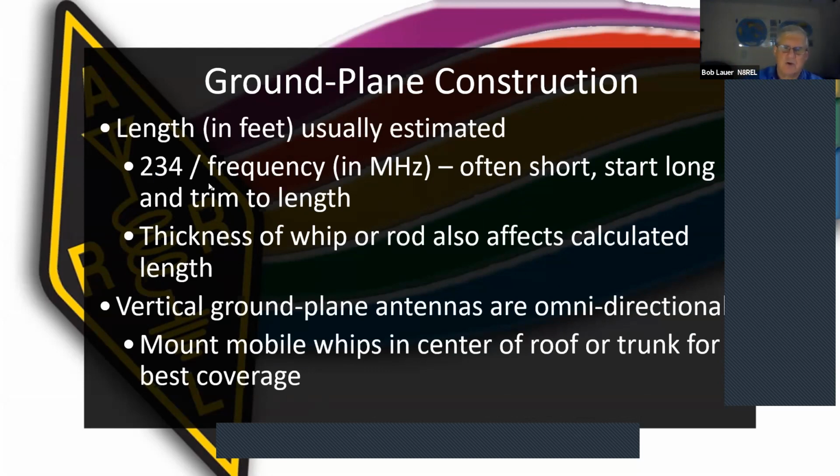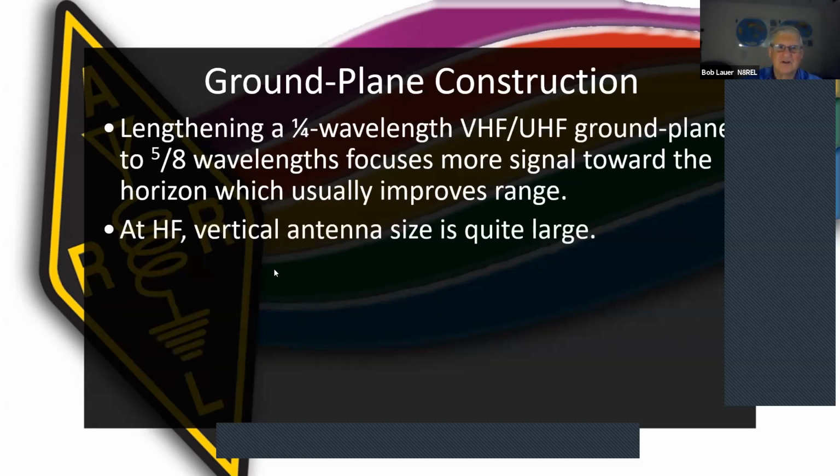So you're going to take 234 divided by your frequency, which is half of 468, or you can start at 245, which is half of 490. All right, and again, you cut to measure.